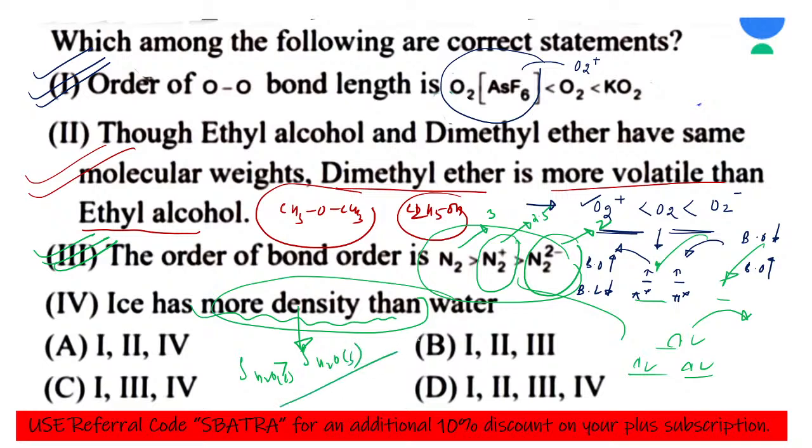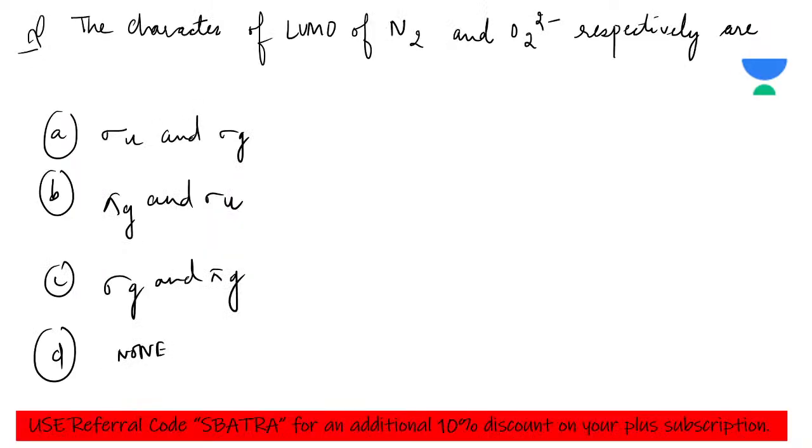If I just go with the concept, then the solid must have high density, but specifically for water and some other solvents, this is the case. So the correct answer is option B. I hope you are clear with this explanation. Great.